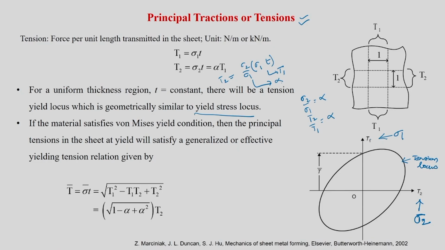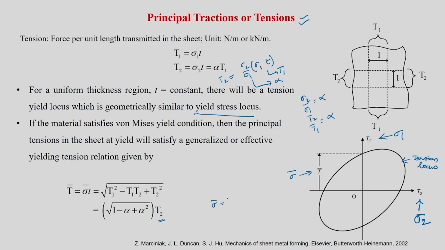So there is something called sigma bar we discussed, and sigma bar is nothing but effective stress. Effective stress will lead to effective tension, which is given by T bar, which is nothing but sigma bar into t. So you can directly write that as square root of 1 minus alpha plus alpha square into T1.